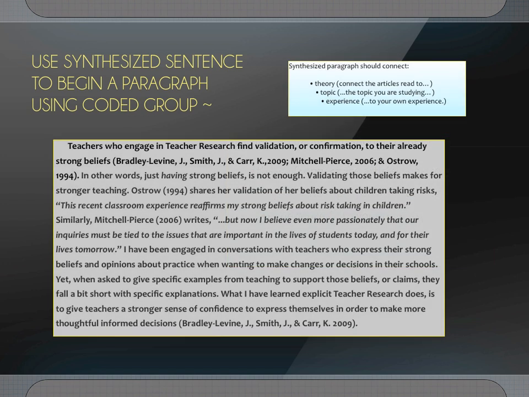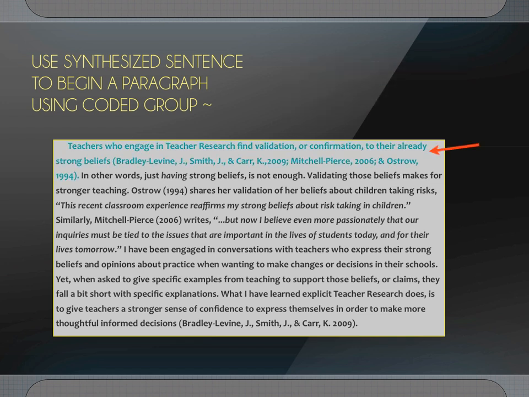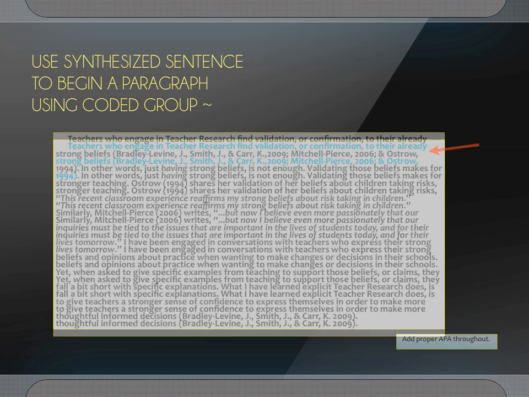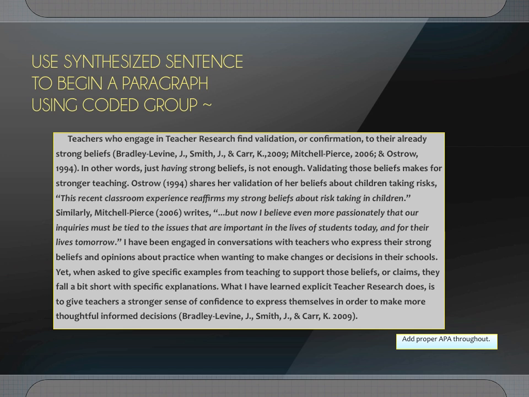Here is an example paragraph based on my coded notes from the category Confidence in Beliefs and Sharing Those Beliefs. Notice that my opening sentence is the synthesized sentence that I just wrote. This time, be sure to add the proper APA throughout the entire paragraph.